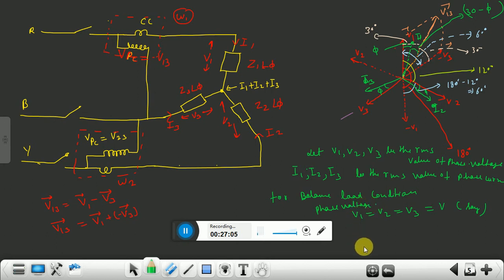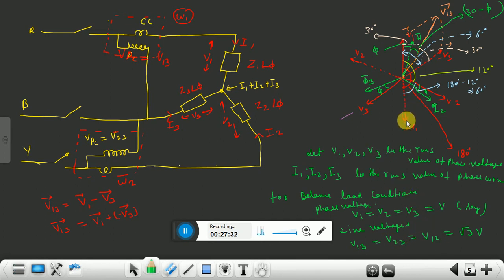Okay, and line voltages are V13 equal to V23 equal to V12 equal to under root 3 times of V, because this is your star connection.